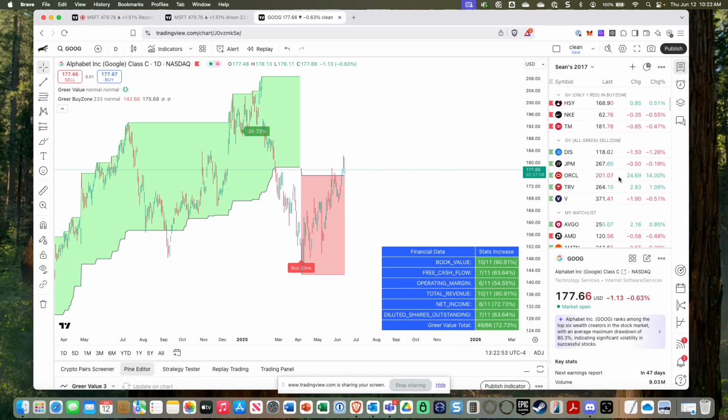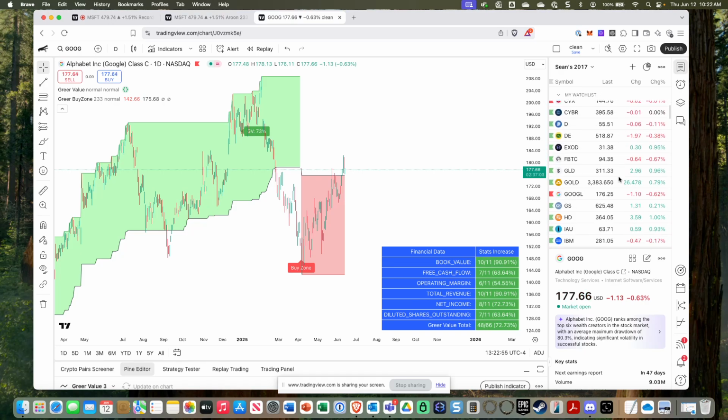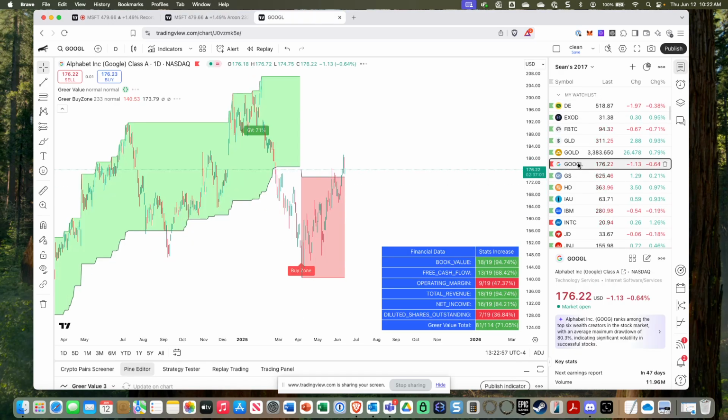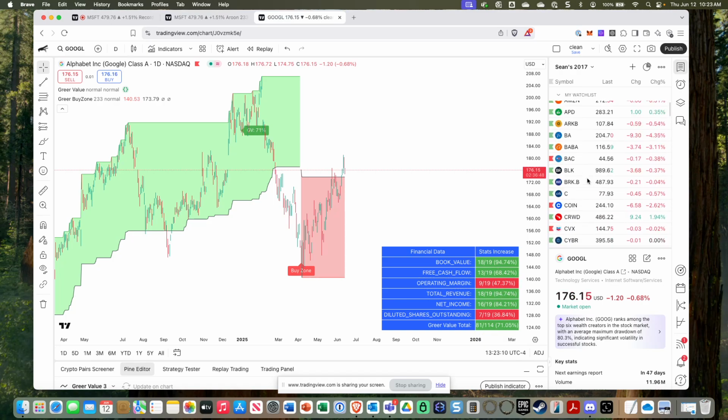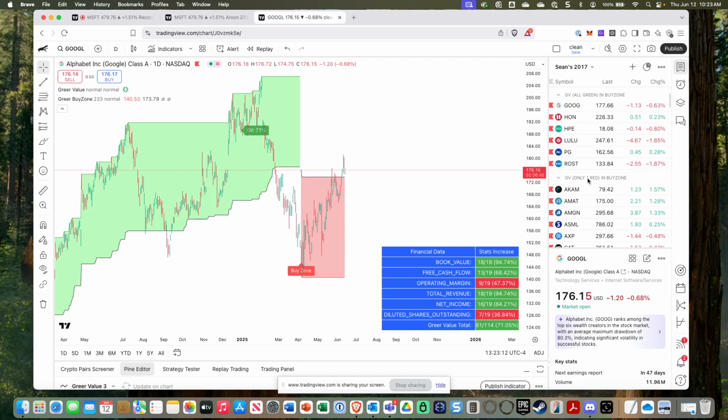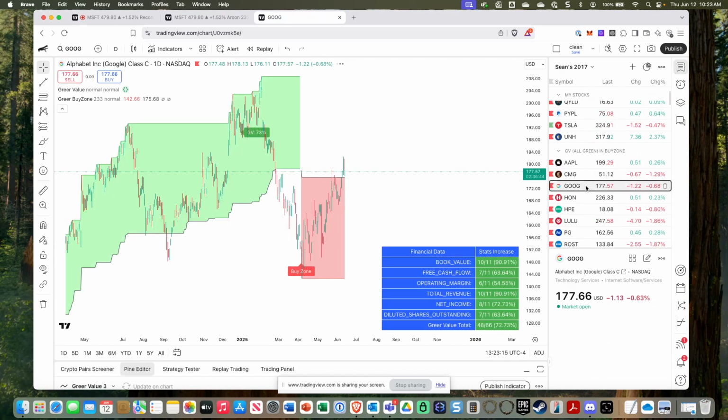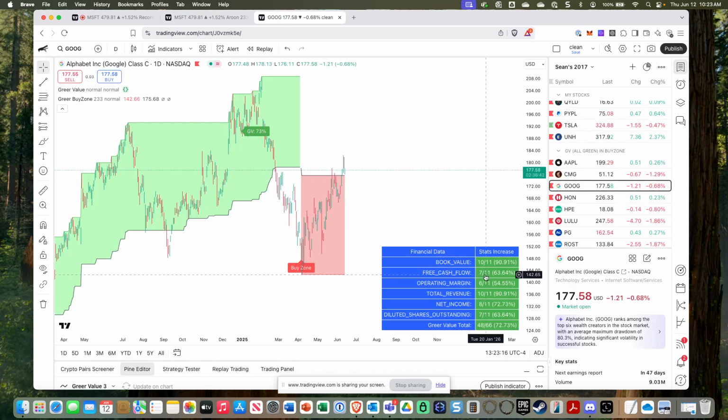But if you look at the other Google share that's been around a little bit longer, 19 years, you can see the operating margins are a little bit lower and the diluted shares outstanding a little bit lower. So even though it's the same stock, it's just that one has voting shares and one doesn't. It doesn't really mean anything either way, but I just wanted to show that that's why this one is all green and the other one isn't.